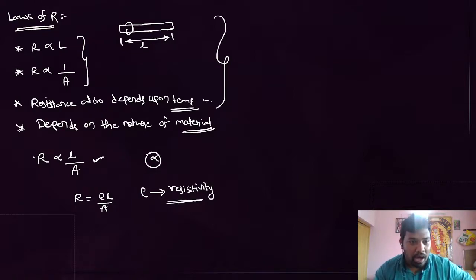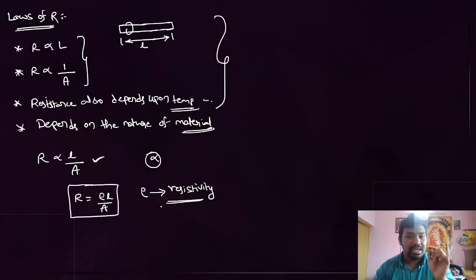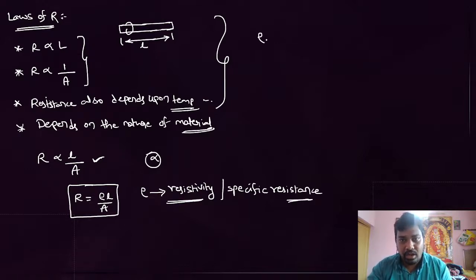So R is proportional to length and inversely proportional to A. After removing the proportionality symbol, we got a constant which is rho, that is resistivity or specific resistance. It is generally denoted by rho, so please do remember this.